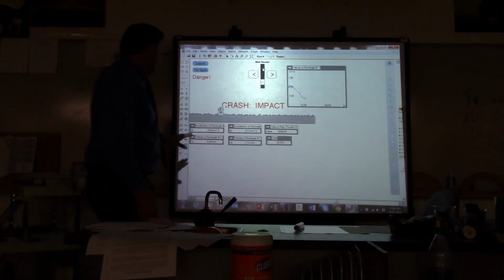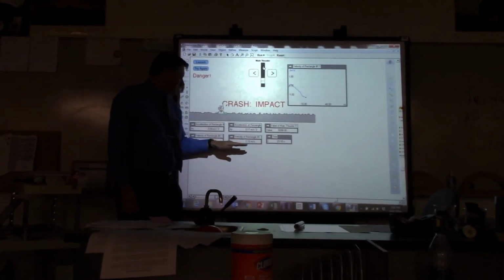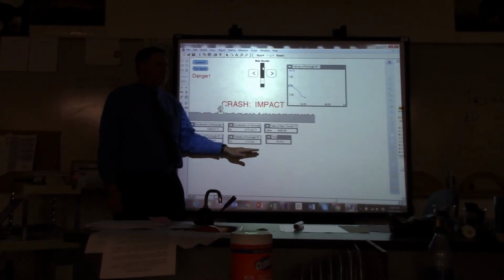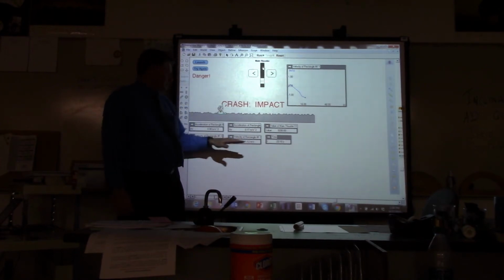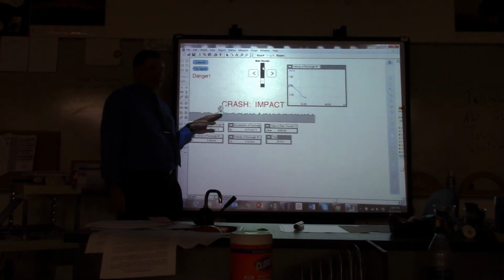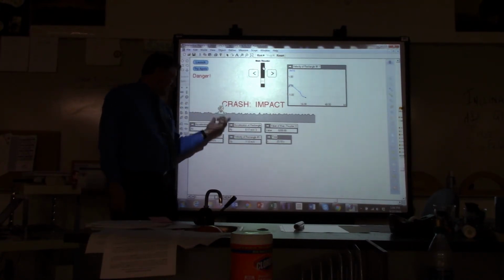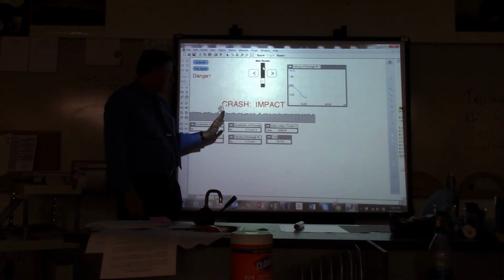So how I set this program up, to safely land this thing, your vertical velocity has to be less than negative 1. So in other words, if you land it faster than this, the landing gear is gonna break and bad things are gonna happen. So, I was okay this way, I was just going too fast.